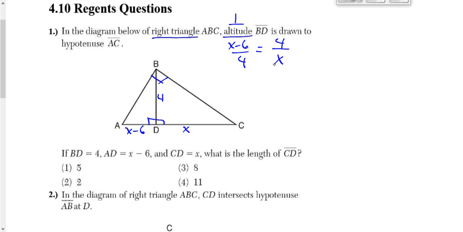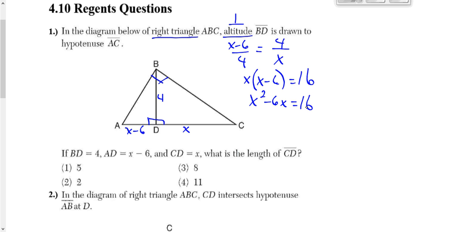Well, hopefully we've gotten this far at least. We got at least that far? What do I do now? So x times x, sweet God, it's not 2x. It's x squared equals 16.